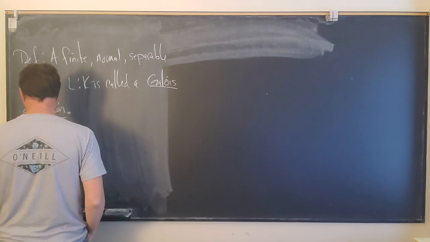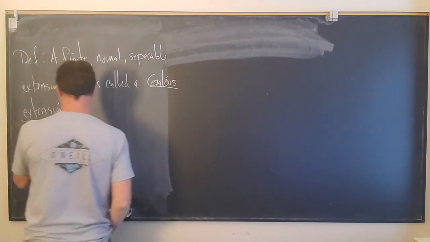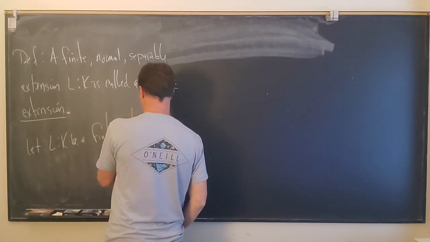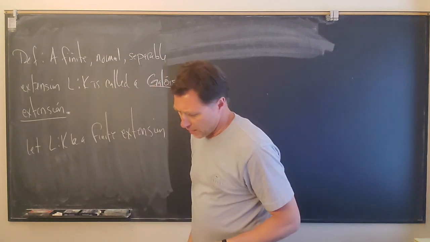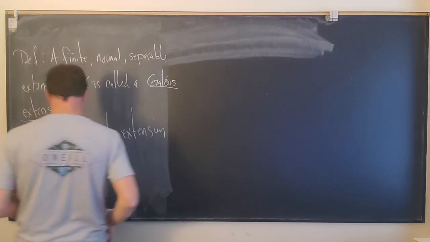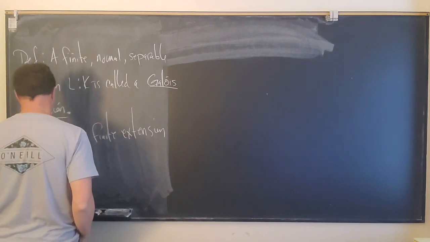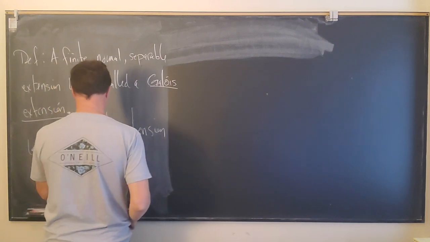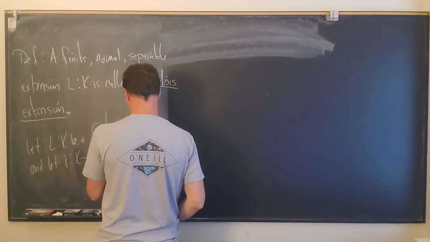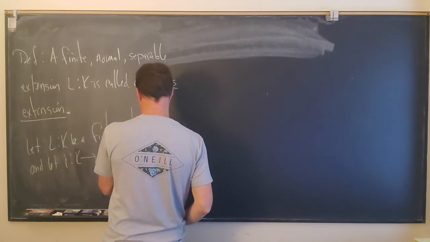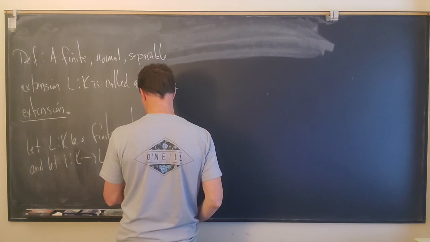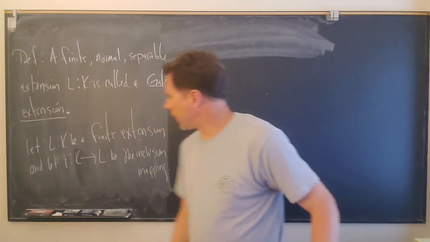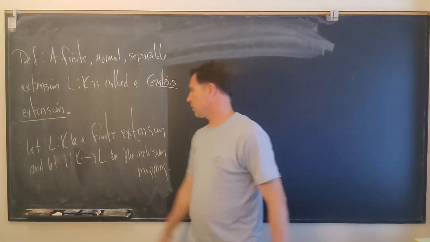So let L over K be a finite extension, and let's look at the inclusion mapping. Let I from K into L be the inclusion mapping. Remember we've been studying extensions of mappings of this form.